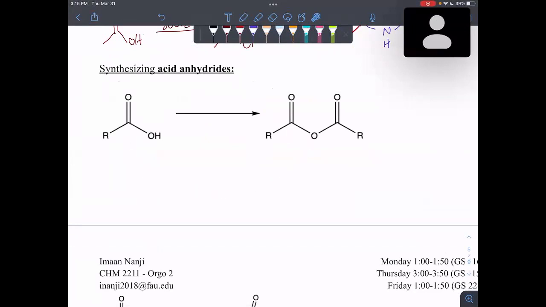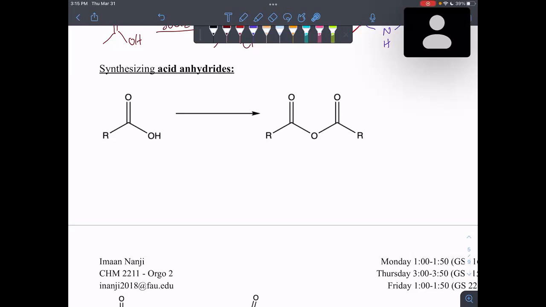Thinking about that order of reactivity, would this direct transformation be favorable? It's not favorable.